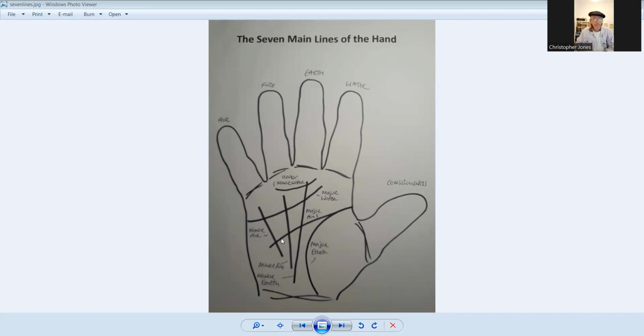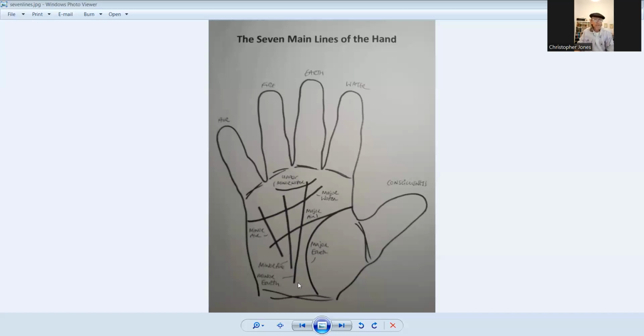People can function perfectly well without them, although it's almost axiomatic to say people can't function well without the three primary lines. But if we're going to consider the main lines of the hand, we need to consider that there are seven main lines. When I say main lines, I don't mean in terms of importance, just in terms of their frequency of occurrence.